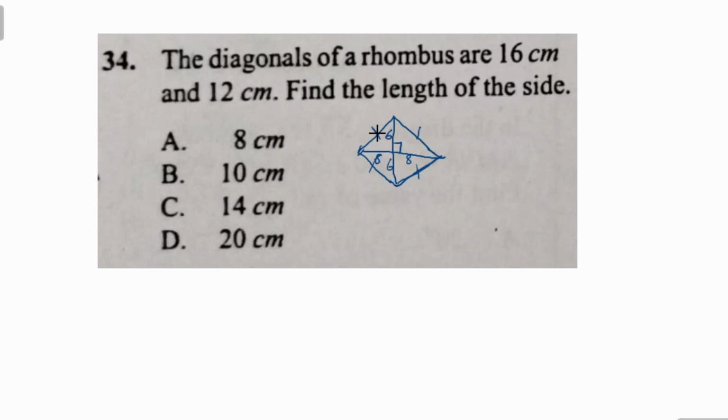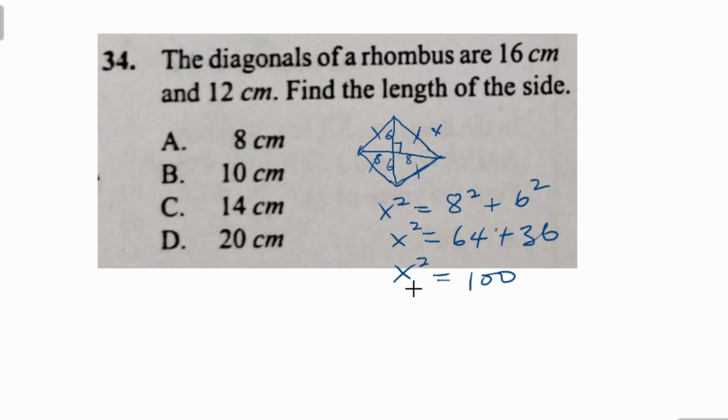Since the sides are equal or congruent, and if the length of one of the sides is x, then we can take one of these triangles as a right triangle. So the x becomes the hypotenuse of the triangle. Solving this using the Pythagoras theorem, we're going to have x squared equal to 8 squared plus 6 squared. And x squared becomes 64 plus 36, and x squared becomes 100.